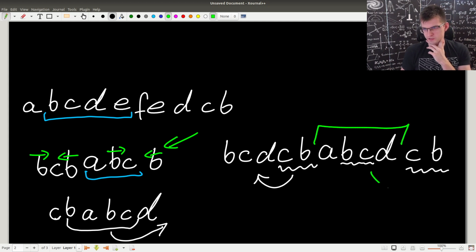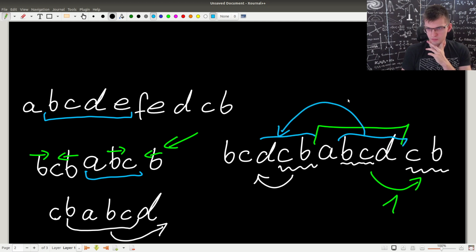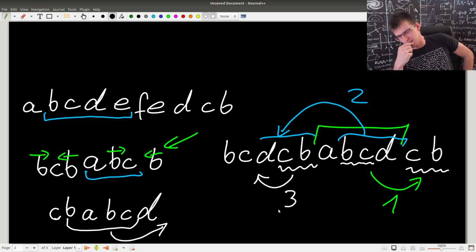The order of operations is 1, and then 2, and 3. So the white one here is 3. Is it? Hey, it is a palindrome.